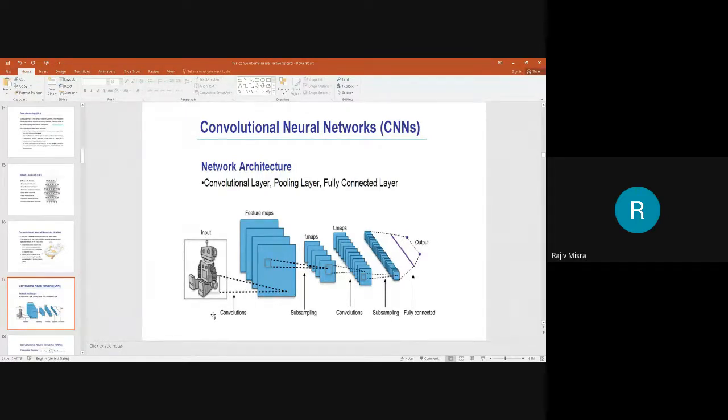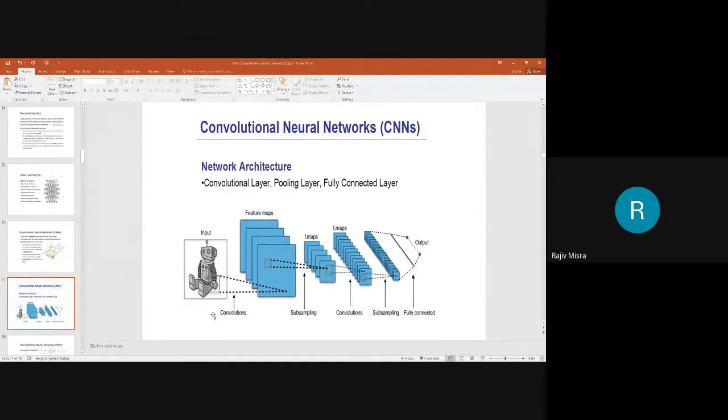So edges and lines, and then different colors and shades. All these things require the understanding of these image features.